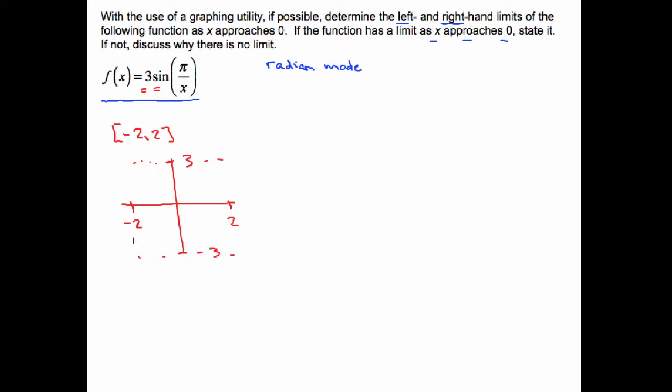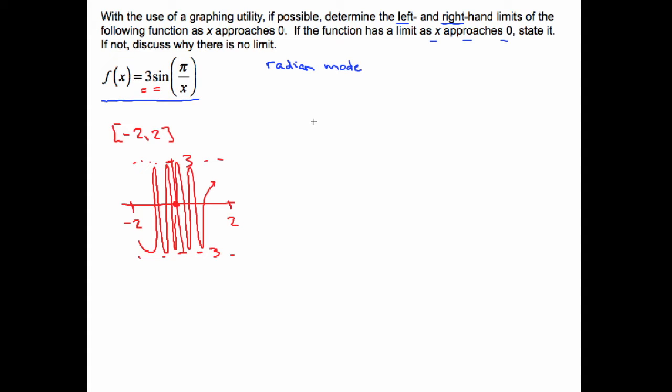Now I'm going to sketch this oscillation as I near 0, and notice that I'm oscillating between -3 and 3, and what I can't tell is if the graph goes through the origin or if the graph approaches some other value. So I'm going to change the domain so I'm truly near 0.